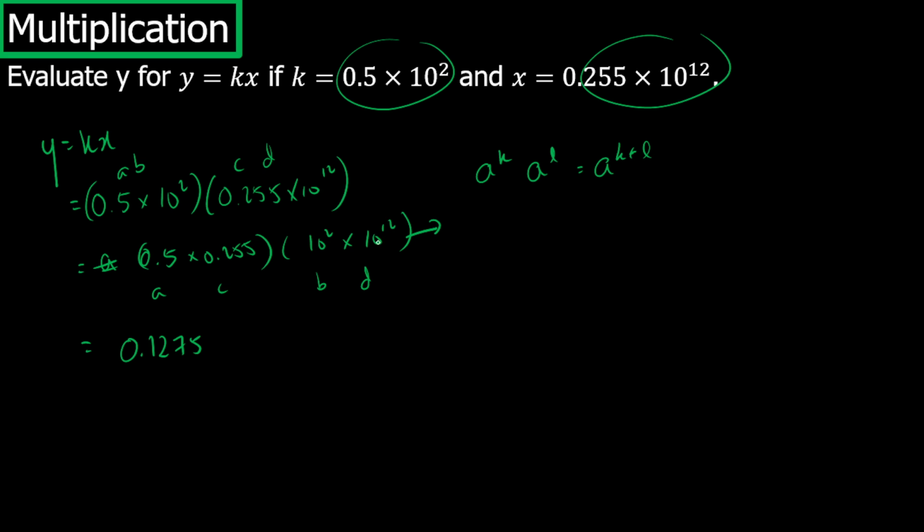So it's going to be 2 plus 12, so that's times 10 to the power of 14. And of course you have to simplify that into 1.275 times 10 to the power of 13. That is how you deal with multiplication.